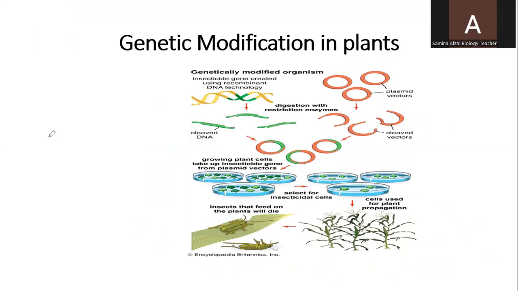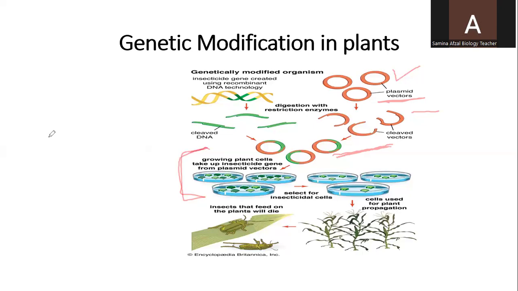The insecticide resistant genes can be separated from the plant, and then the bacterial plasmid and these genes will be inserted into the plasmids by using the same restriction enzyme. Growing plant cells take up these insecticide genes from the plasmid vectors.